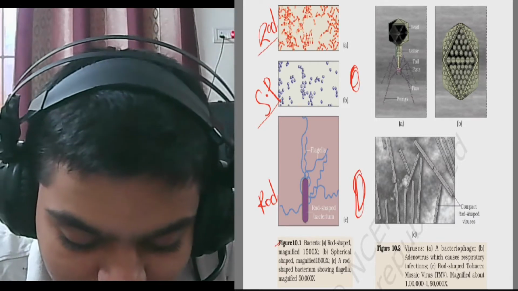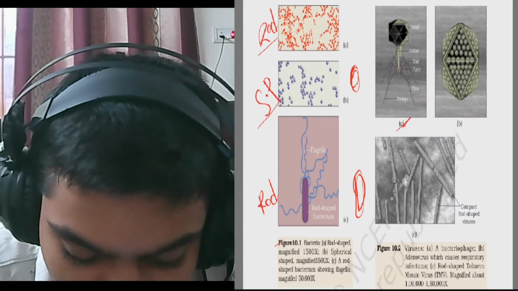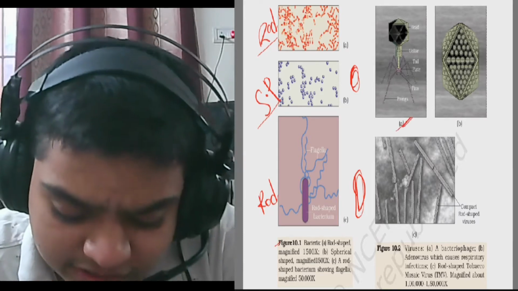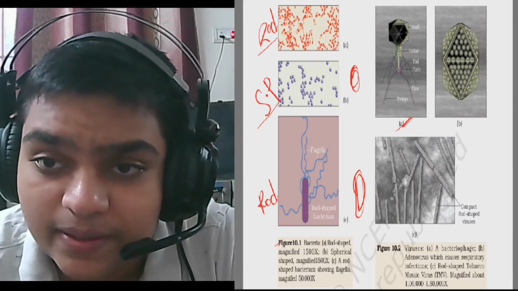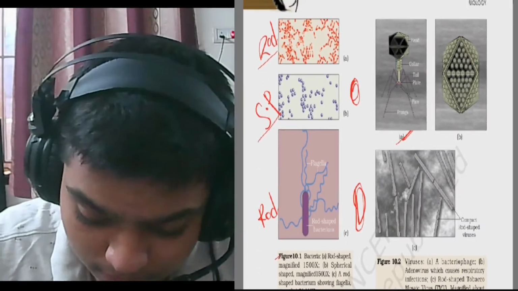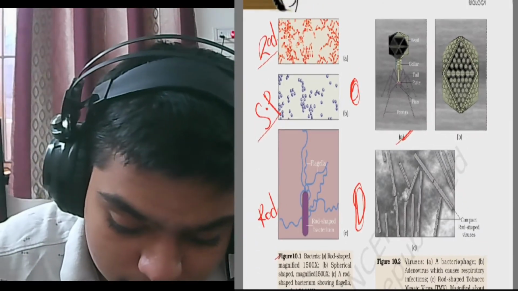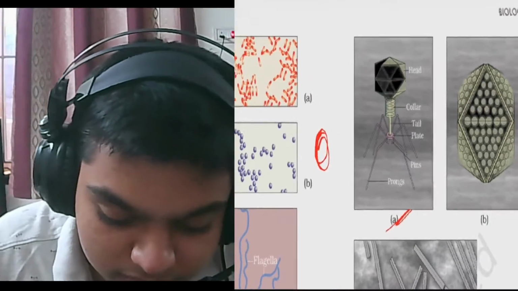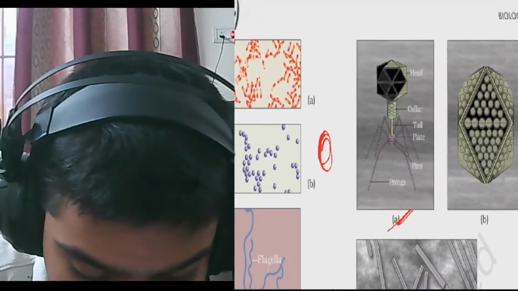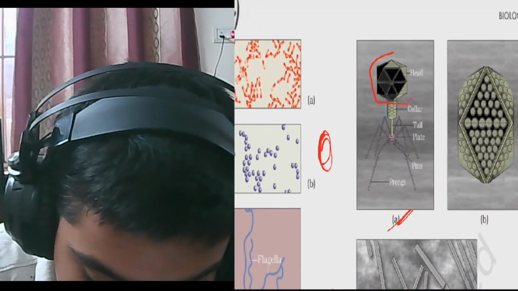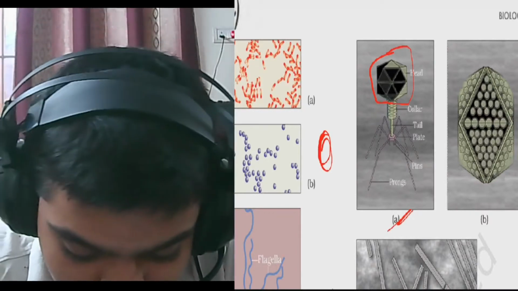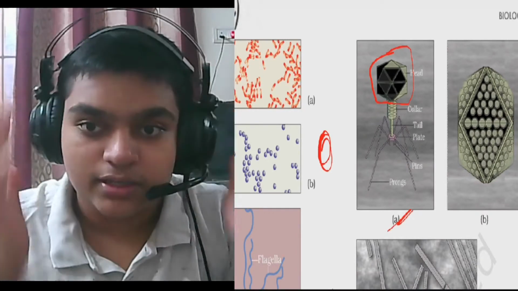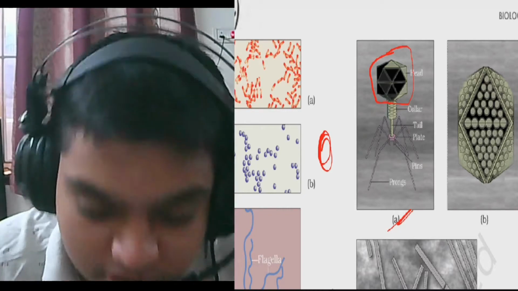Now coming here, this is a very important diagram of a bacteriophage. See, the diamond shaped thing is your head part.